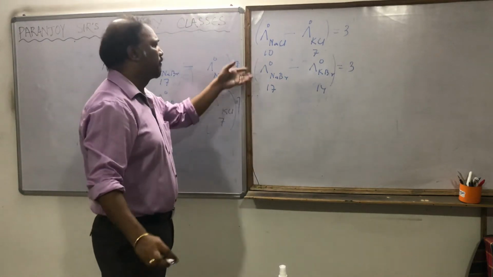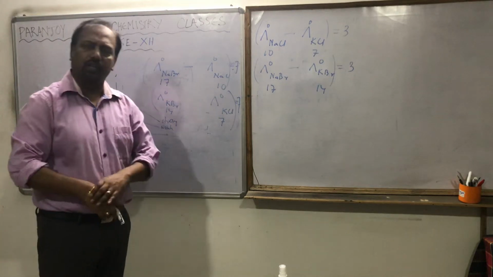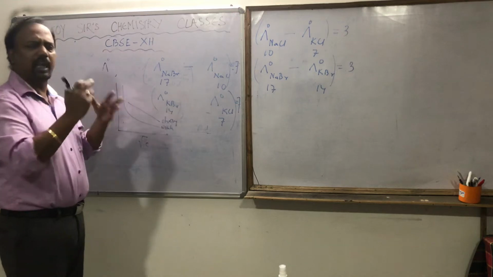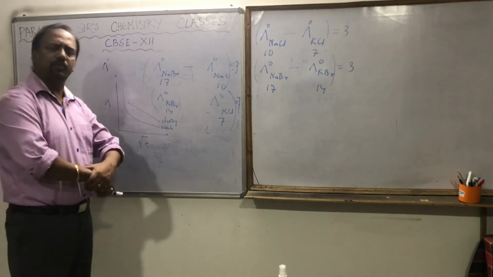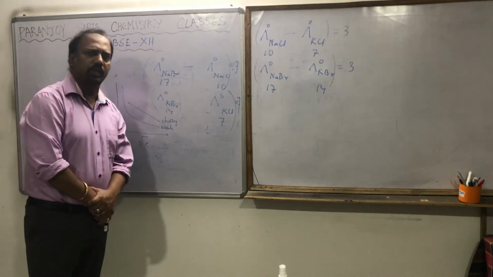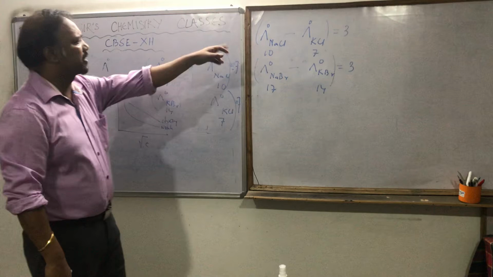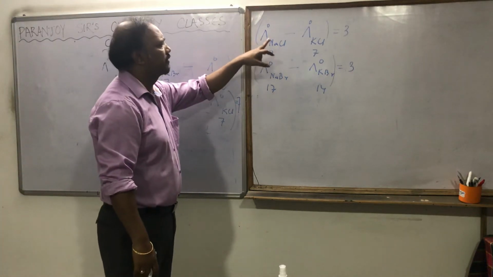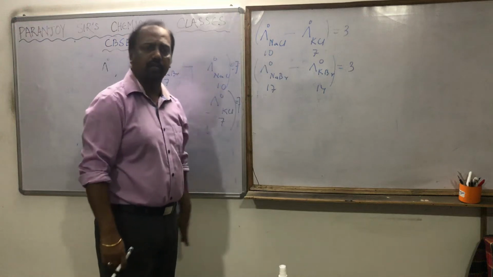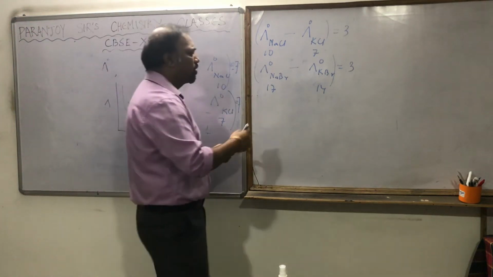Obviously, this is only 4 examples I have taken. He had done it with lots and lots of electrolytes, strong electrolytes, and we found exactly the same trend. And then he concluded, and he could explain these facts, that lambda 0, that is the limiting molar conductivity of sodium chloride or potassium chloride or any strong electrolyte, or rather any electrolyte, is not because of the molecule.